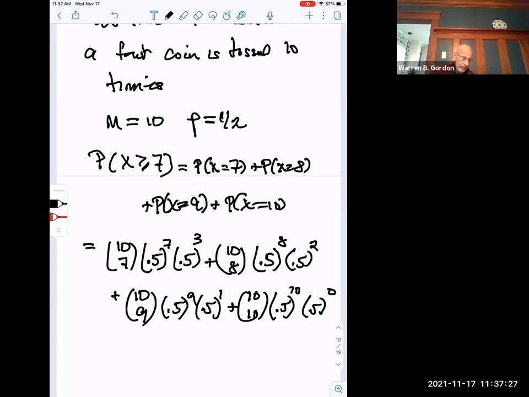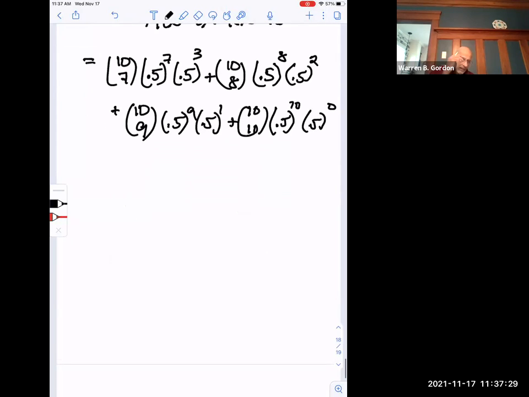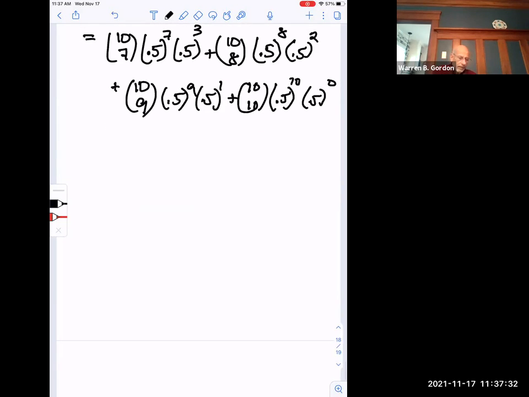You should remember, by the way, that the sum of all the probabilities has to be 1. Remember that when we look at (a plus b) to the n, this is equal to the summation of n choose k, the binomial expansion.